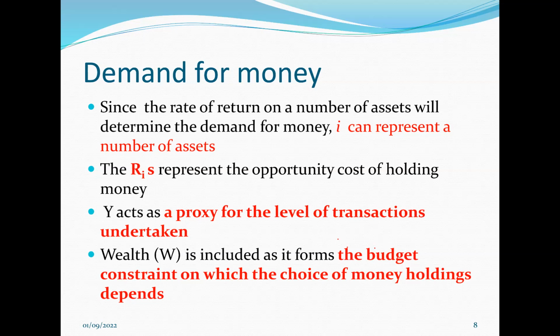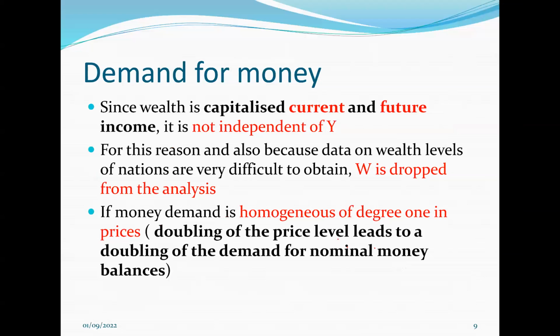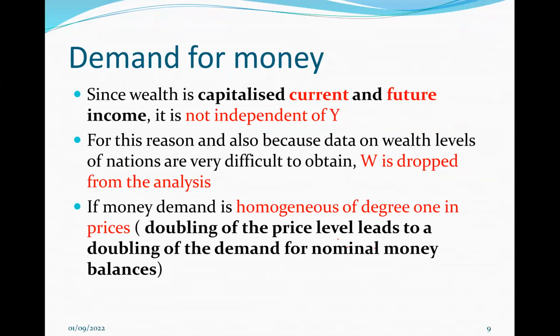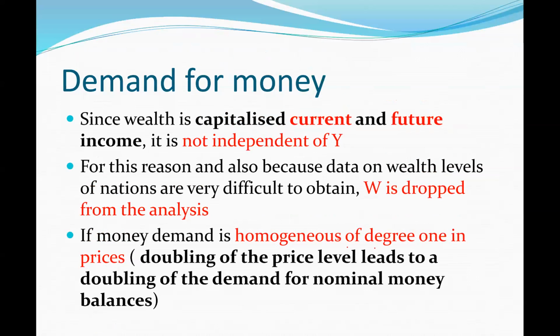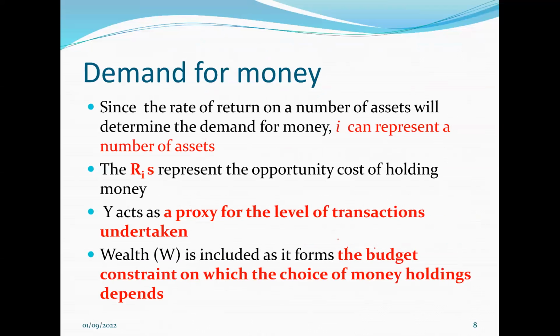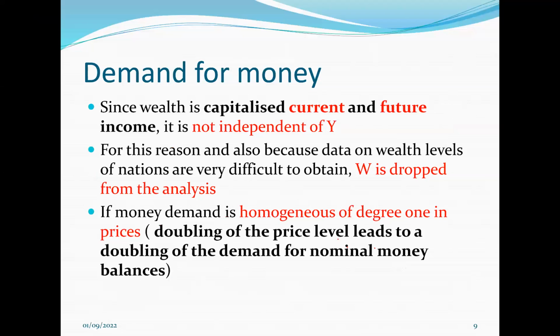Remember, when you're deciding to hold money, there is a constraint. You are always constrained. From the ordinary consumer behavior theory, that is the cardinal theory, you learn that you are constrained on all the choices that you make.